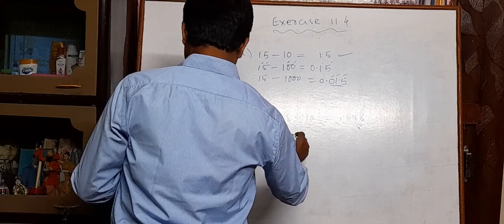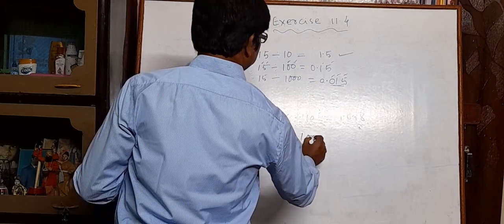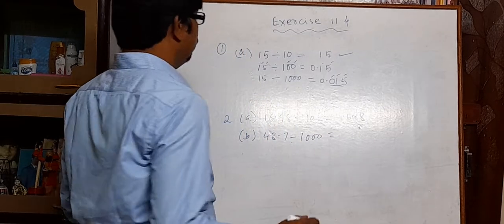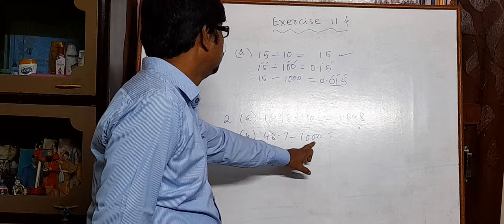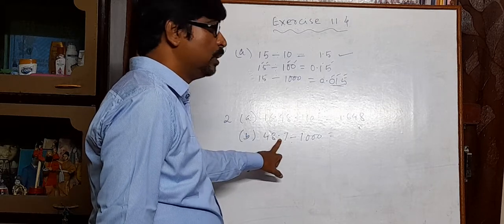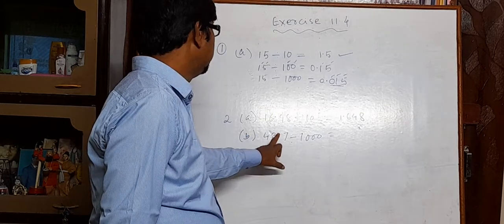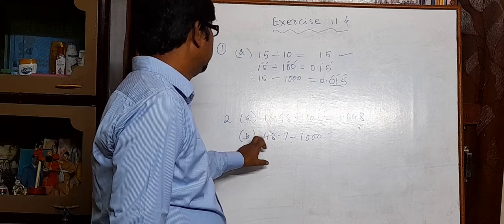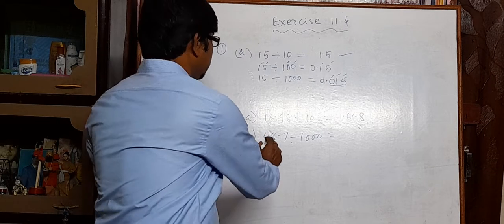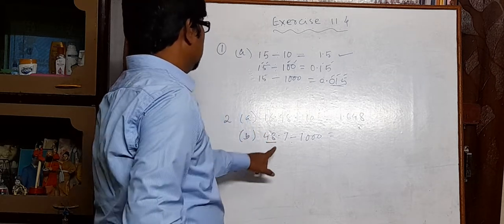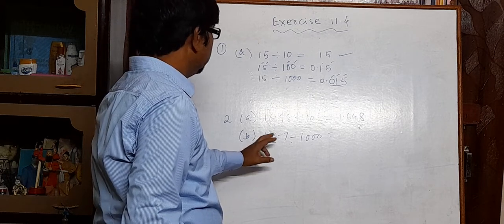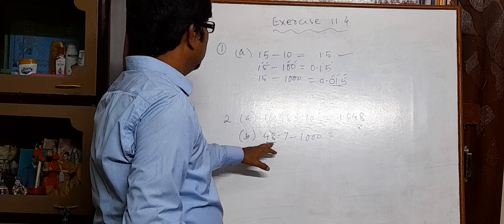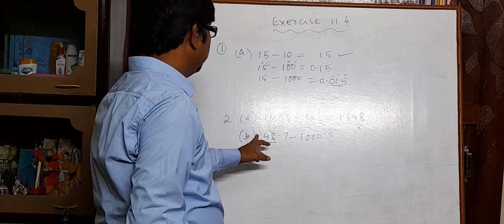Now see, part B. 48.7 divided by 1000. In this case, how many zeros are there after 1? 3 zeros are there. 1, 2, 3. So this decimal point will be shifted 3 places to the left side. But here only 2 digits are there. See, only 48 is there. We have to make 48, a 2-digit number, into a 3-digit number by giving 0.